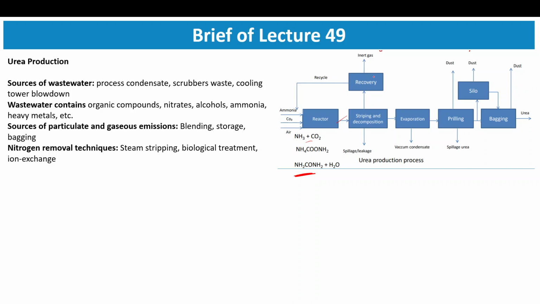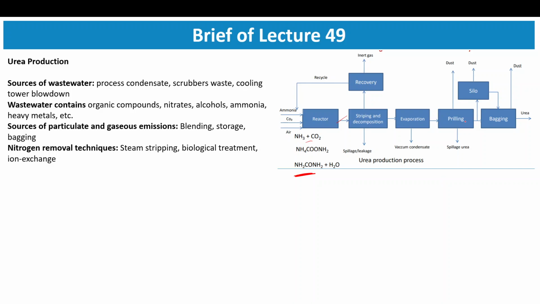So you recover the ammonia, and whatever urea is formed, you send it to the prilling tower for generating solid urea by spraying it in the form of powder, I guess.